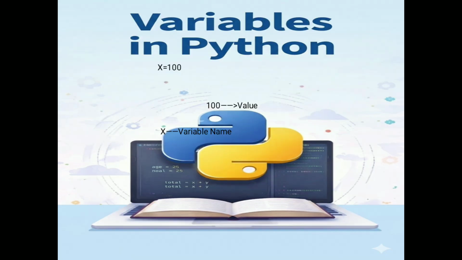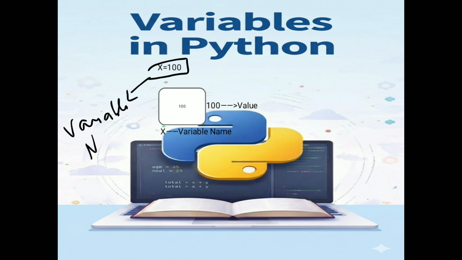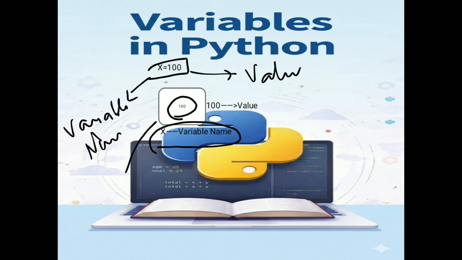In the real-time example, we see here x equals 100. x is our variable name and 100 is its value. Here, in a box we store 100. So here x is a variable which stores 100, and 100 is a number, which is a numerical value.